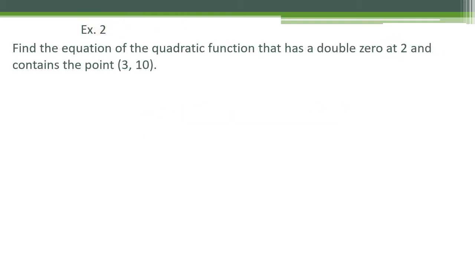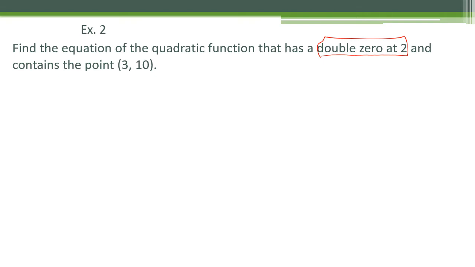Our next example, find the equation of the quadratic function that has a double zero at 2 and contains the point (3, 10). Your understanding of how to do this probably boils down to this. What does double zero at 2 mean? Basically, this means that it only has one zero.